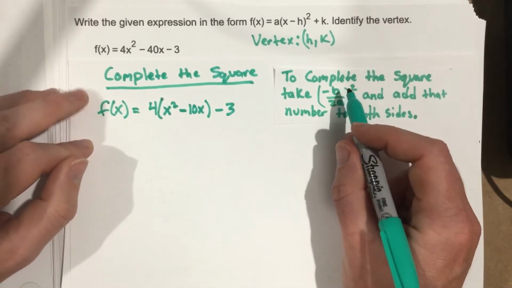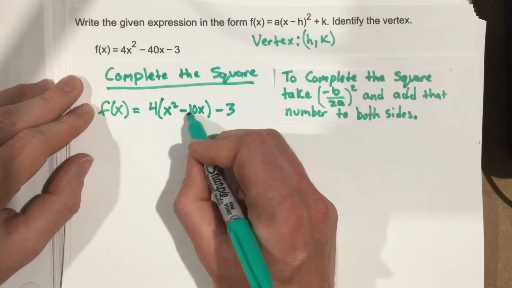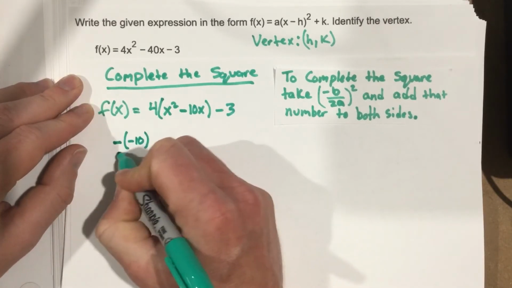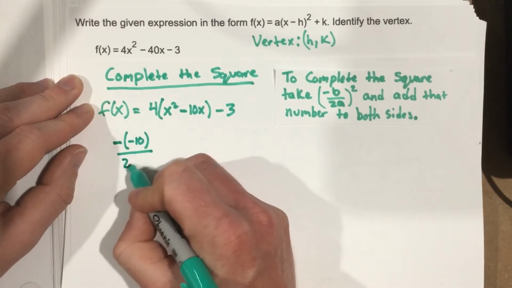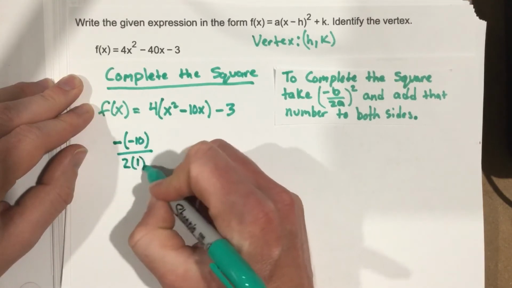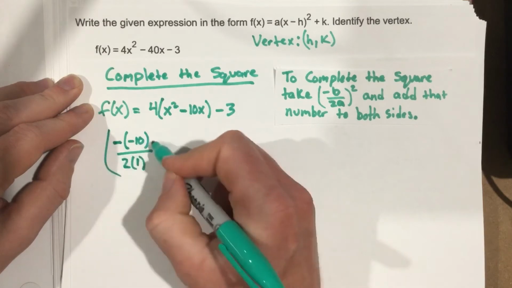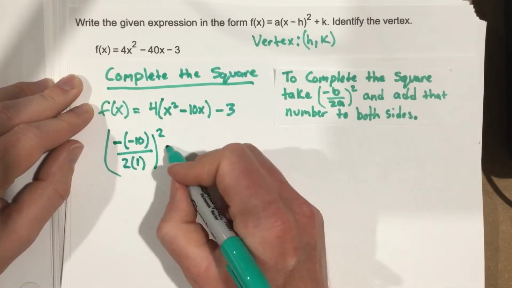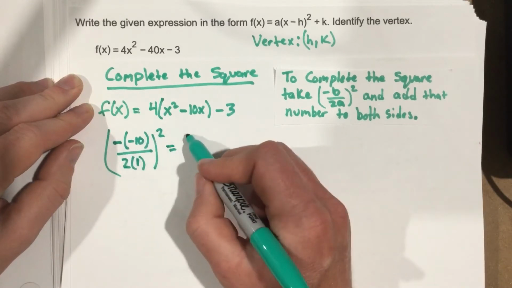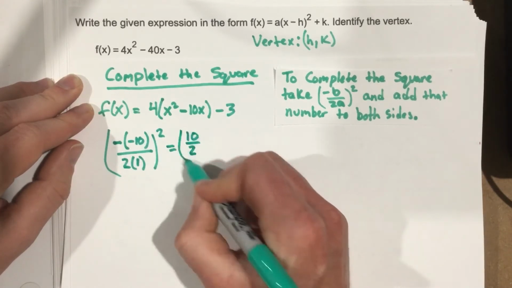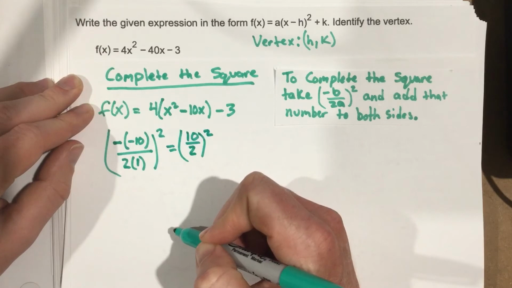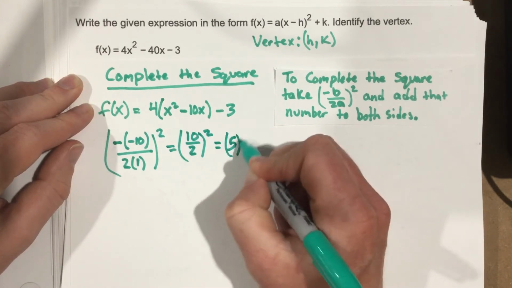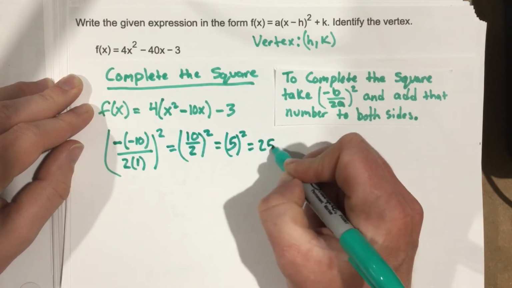So now we're going to say that negative b, so that's negative 10, we're going to write that up here, negative 10 over 2 times a, which is 1, and we're going to square it. When we square that, we get 10 over 2 squared, which gives you 5 squared, which is 25.